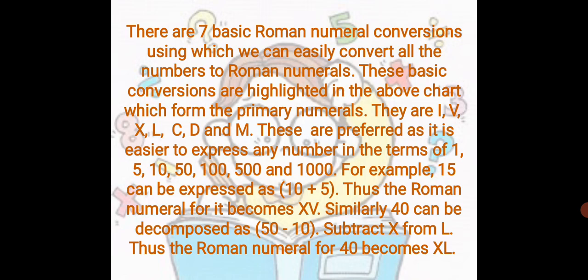Yes, children, we can do it. 40 means 50 minus 10. So that way we will write or denote it in Roman numerals. Subtract 10, meaning X, from L. That means 10 from 50. Thus the Roman numeral for 40 becomes X and L together.